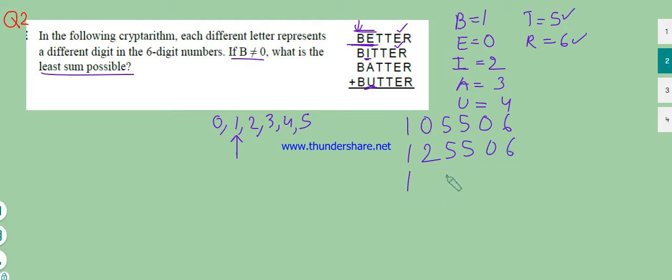Again B as 1, A as 3, 5, 0, 6. Again B as 1, U as 4, I assumed U as 4, and 5, 0, 6.